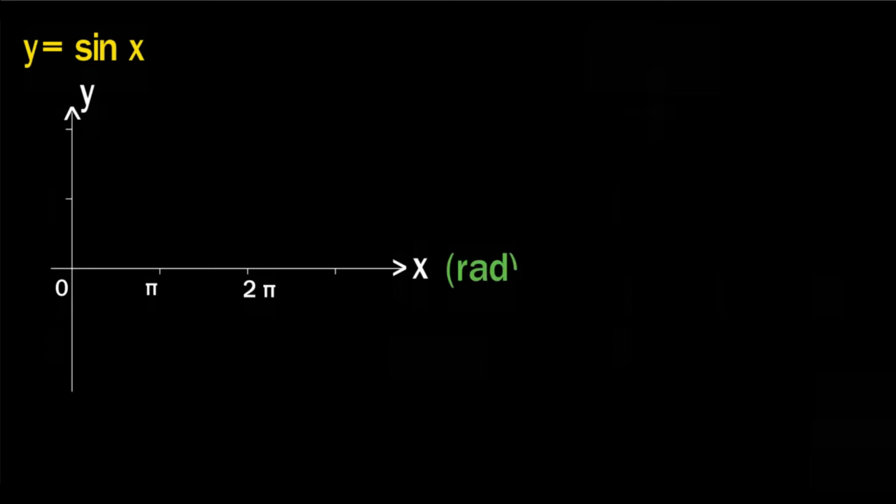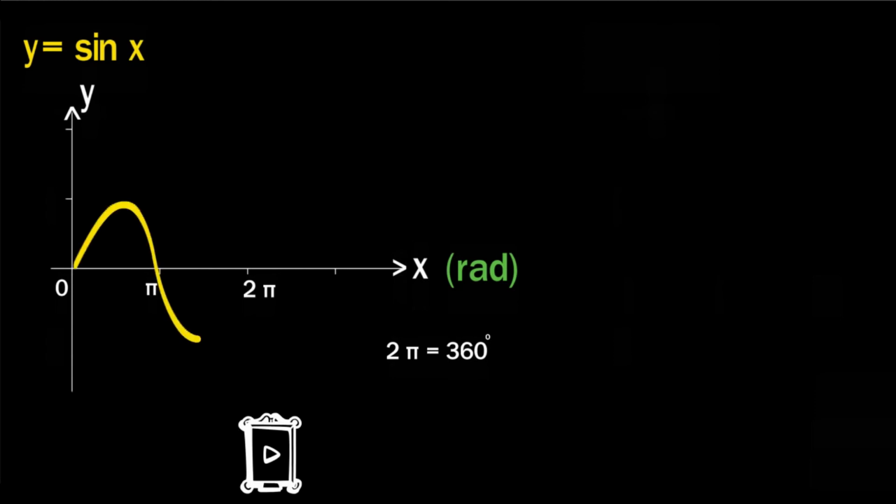So x-axis is in radian. If you want to know how you can convert degree to radian, you can check out my other videos on the conversion. So basically 2 pi is actually 360 degree. So sine x looks like this. It's an S graph.